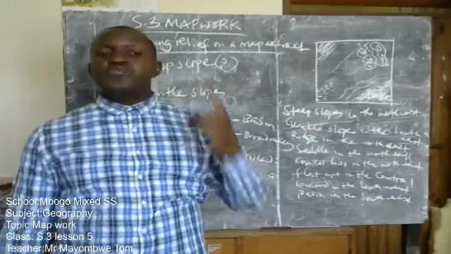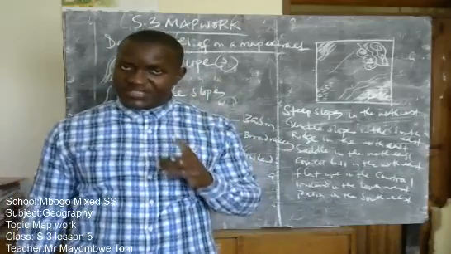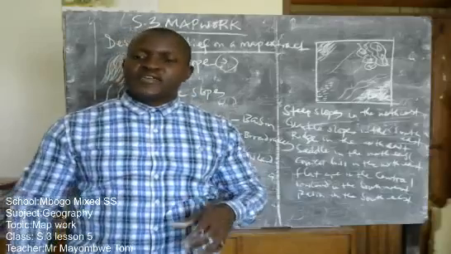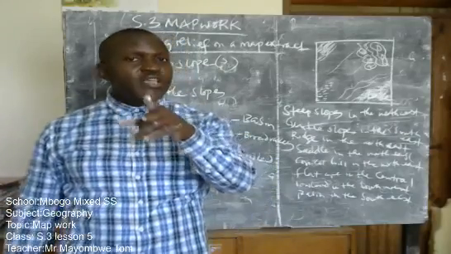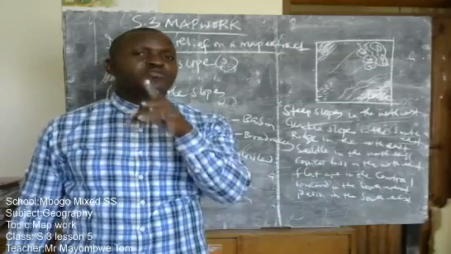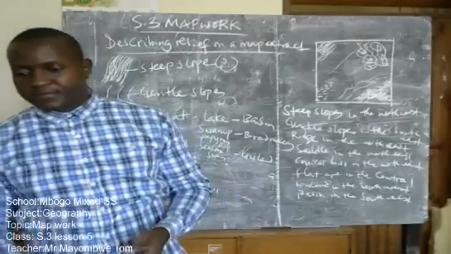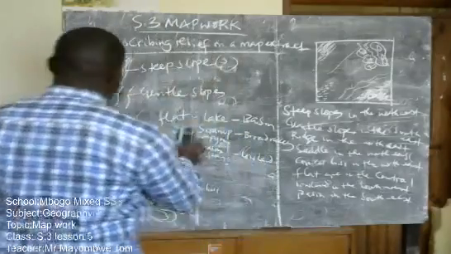However, we only use a grid square to locate those features which are within a box. A feature which is occupying a bigger area, we cannot use a grid square to locate where it is. Are you together? Yes. So that is describing relief.